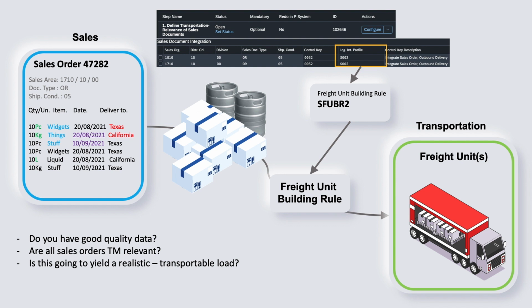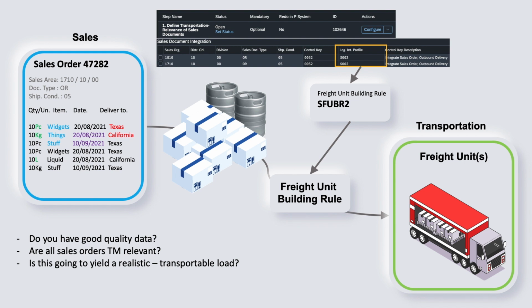For example, if you have diverging delivery dates or diverging delivery locations, it doesn't make sense to group those items together. So when we talk about consolidating freight, it's going to consolidate freight in a logical, meaningful manner, i.e. items that are requested for the same date and that need to be shipped to the same place.